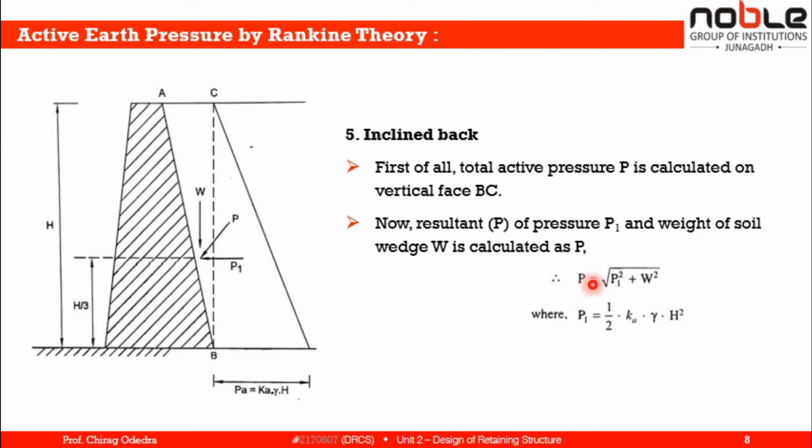So capital P is equal to under root P1 square plus W square, where we all know that P1 is equal to 1 by 2 K into gamma into H square. These equations come from the basic formula of 1/2 base into height.